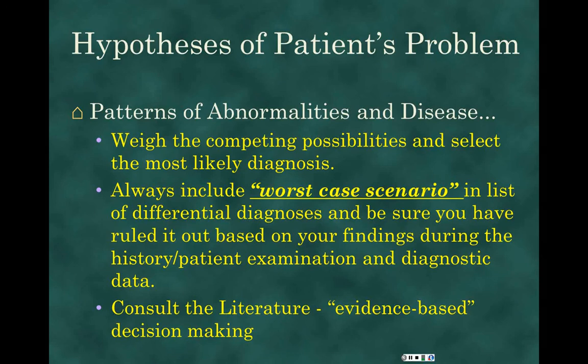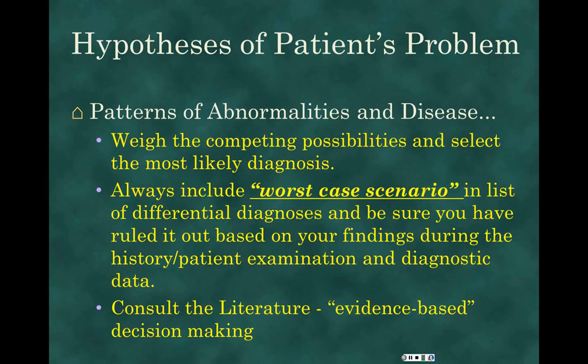So for instance, if your worst case scenario for a headache is brain tumor, you want to make sure that in your review of systems and in your past medical history, you're going to ask the patient if they have a family history of any brain cancer. You're going to ask about symptoms related to cancer or tumors of the brain.